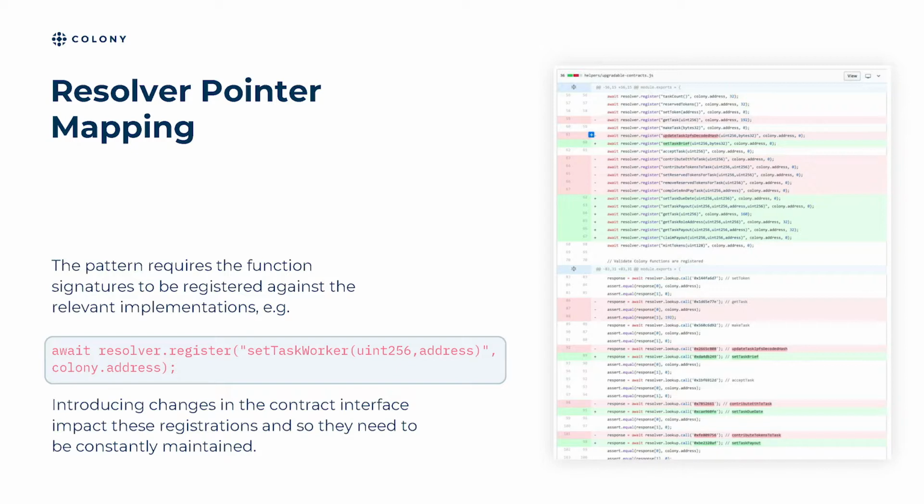So the first thing we found was that we had to keep updating the resolver mappings, because once you introduce a new function or add a new parameter to an existing function or add a new return value, that changed the whole function signature.